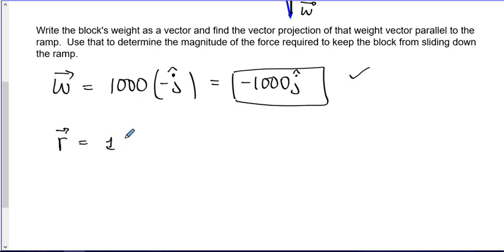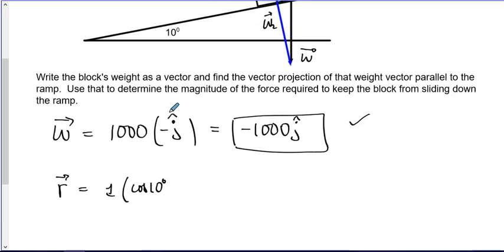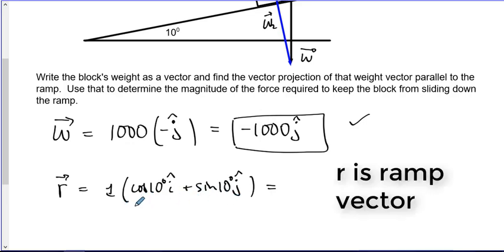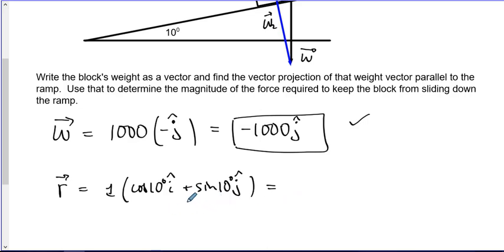So we'll say magnitude of 1, and then use the angle of 10 degrees, because that is the angle in standard position. So r is 1 times cosine of 10 on the i component, sine of 10 on the j component. Now these are not special angles that we can easily get exact values for. So the best thing to do here would be to leave them as the sine and cosine of 10 degrees, so that you have exact representations for the ramp vector that you could approximate at the very end.